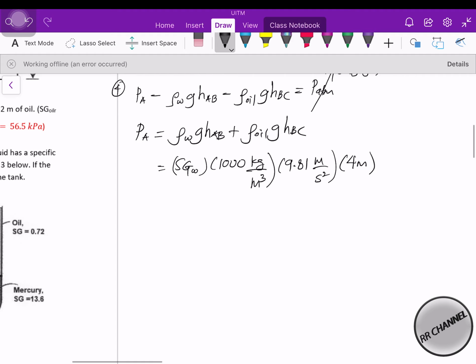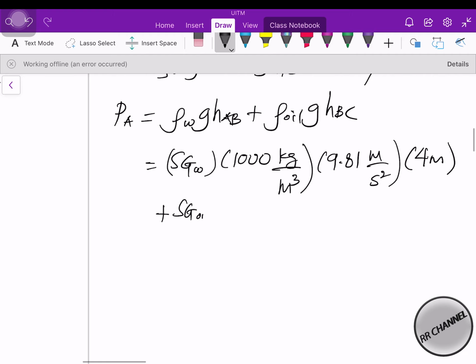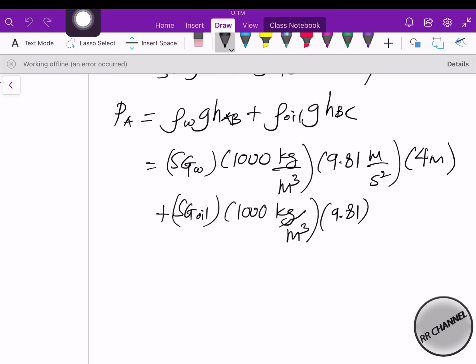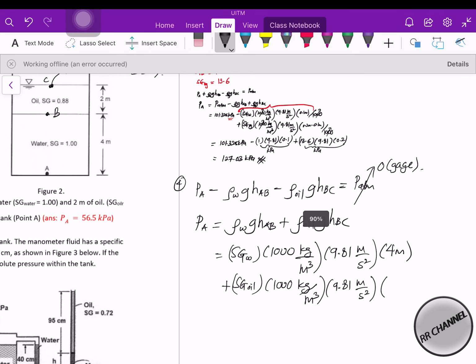And then you plus SG for the oil, multiply with 1000 kg per meter cube, multiply with 9.81 meter per second square, multiply with the distance between point B to point C, which is 2 meter.